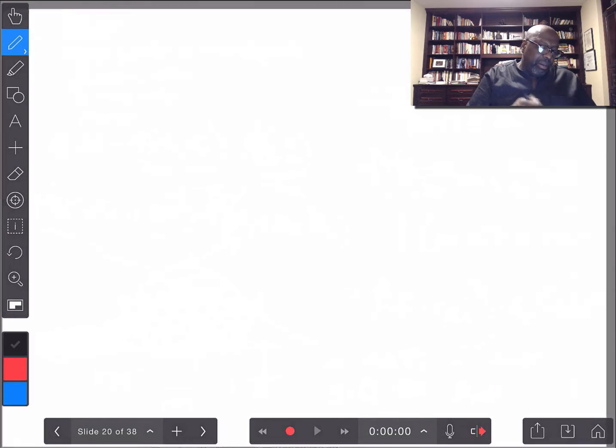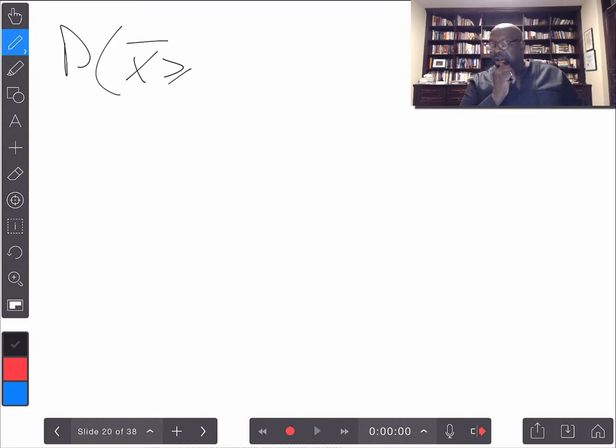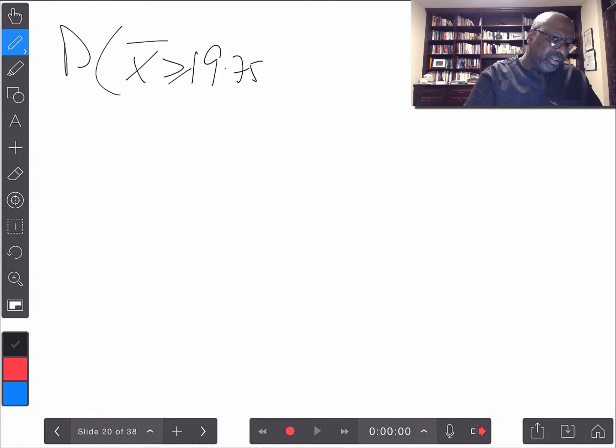What's the probability that the sample mean will be greater than or equal to, and since we know that it's 17.5 weeks, let's just say 19.75 weeks.